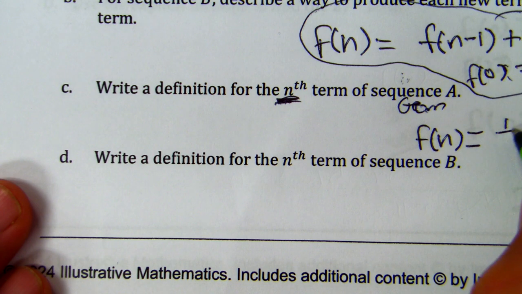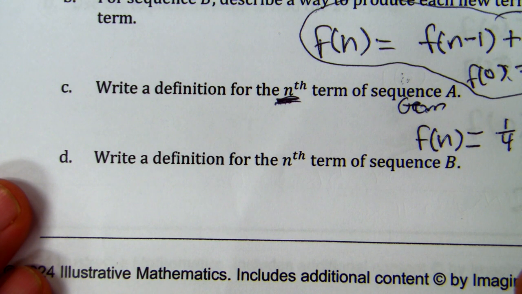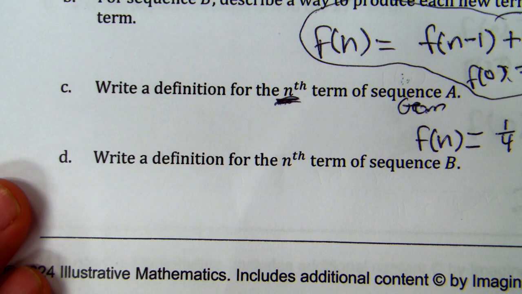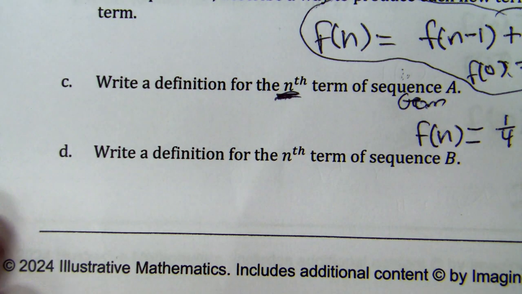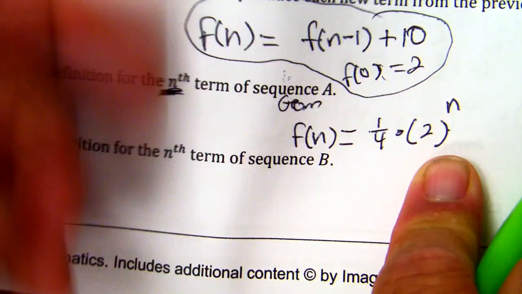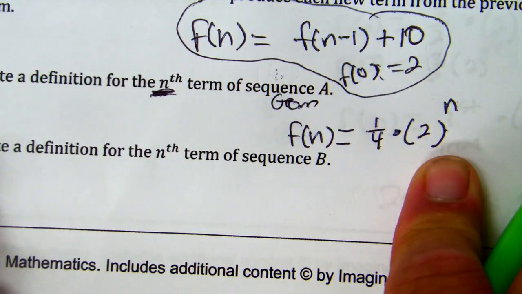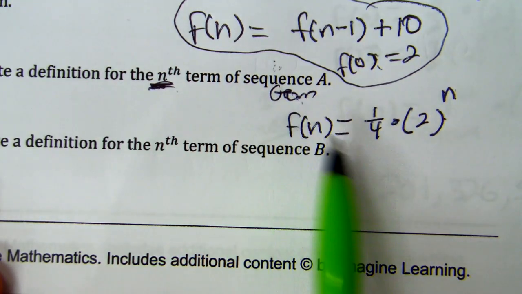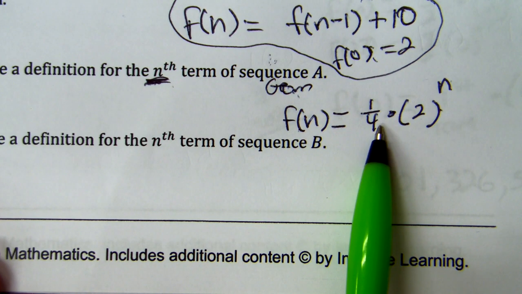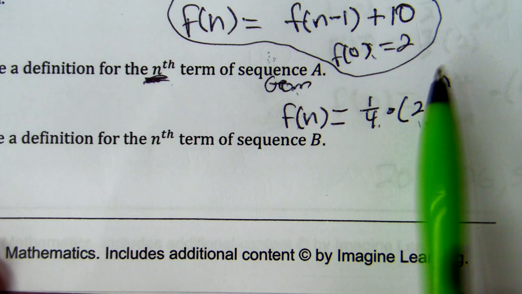The 0th term was 1/4 times, what was the rate? We were multiplying by 2 every time. You raise it to the n power. So for the explicit geometric one, start with the 0th term, times it by the rate, raise it to the n power.